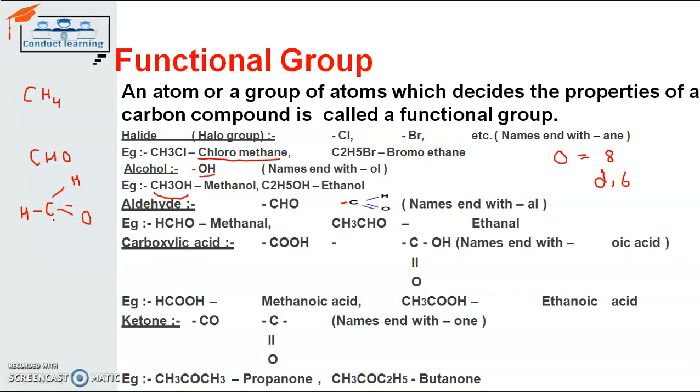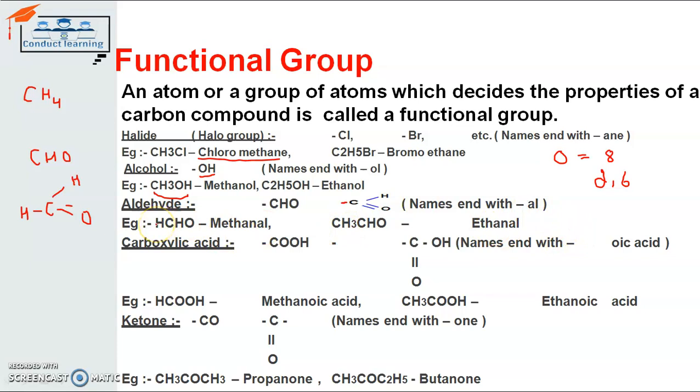So accordingly it starts with methane, but because of adding the CHO group, which is named as Al, the pronunciation of the name will be methanal, because one carbon atom is there and the functional group is contained in the name as Al.